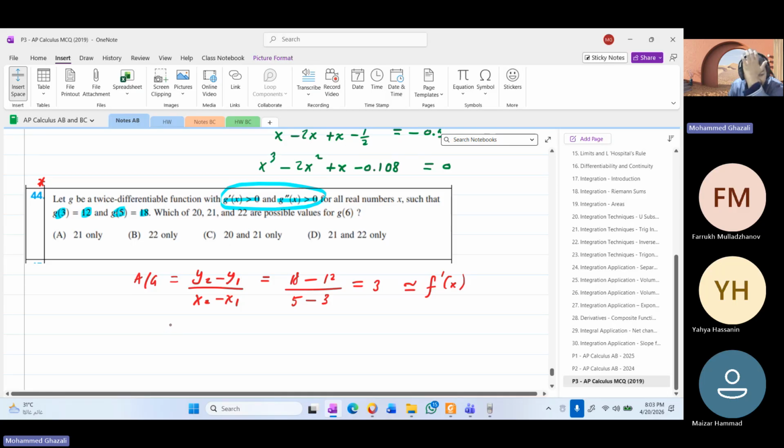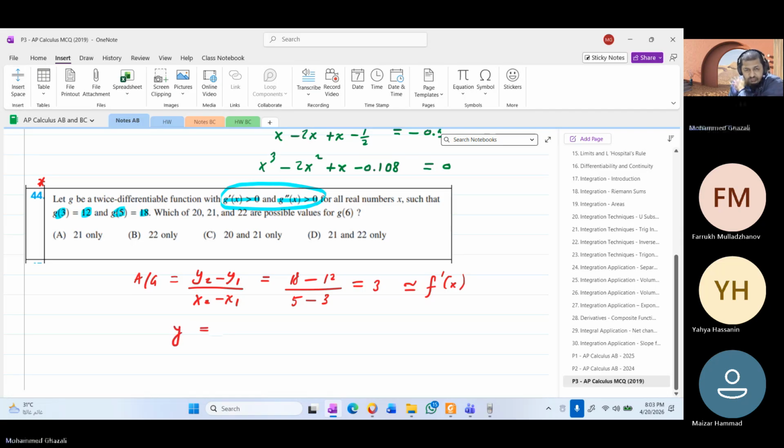Once we have that, to get a linear approximation, y is equal to f prime x into x minus x1, plus y1. We need to take a coordinate, so let's take 3 and 12.